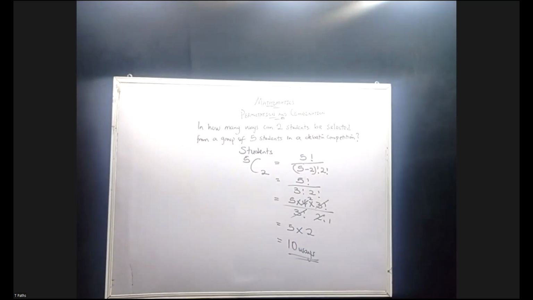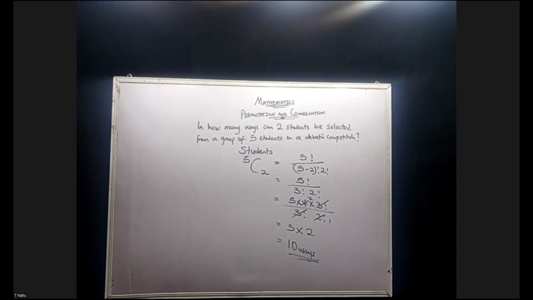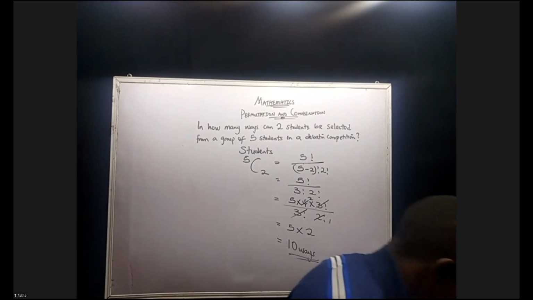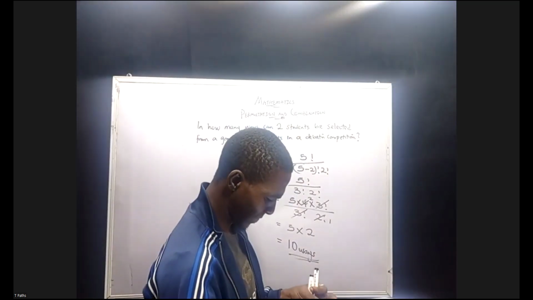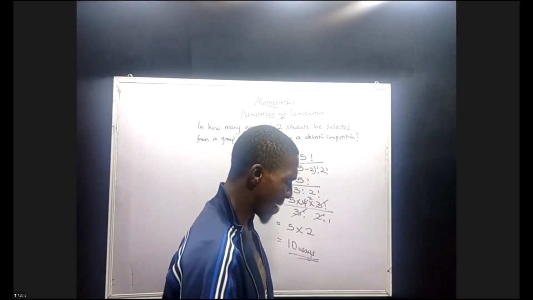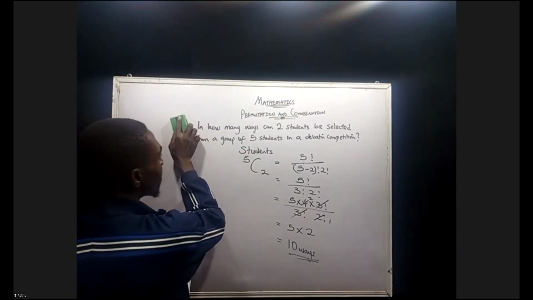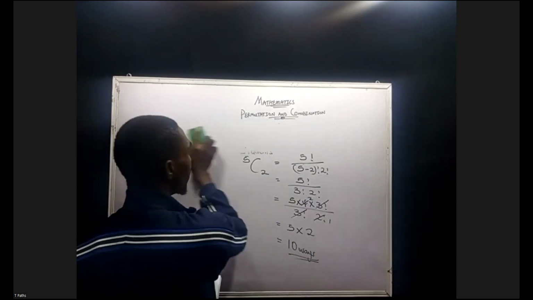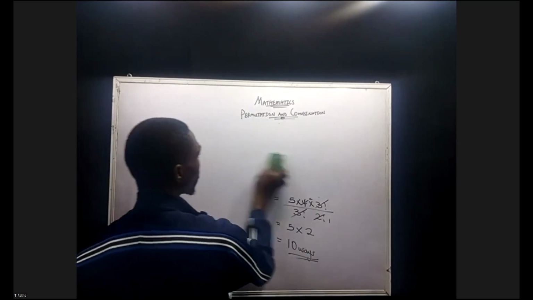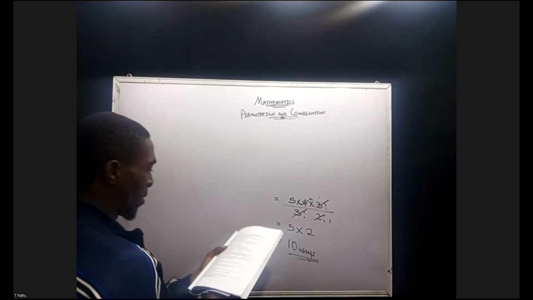So I can write it out on the board. Page 3, number 30. It is combination. So we'll see why it is combination while solving our solution.